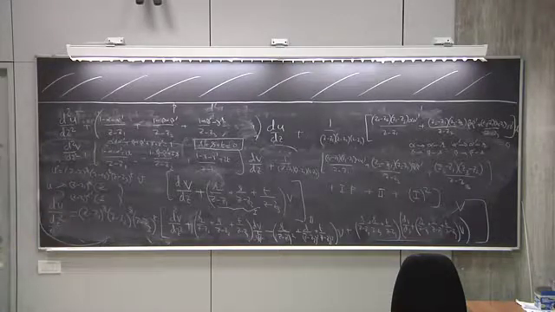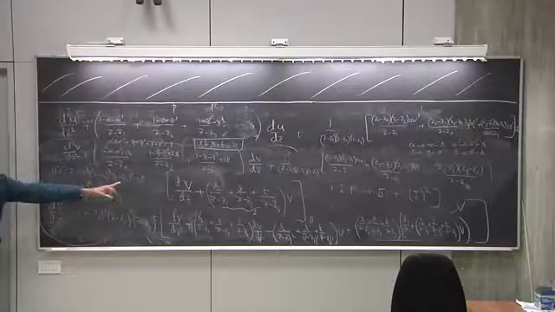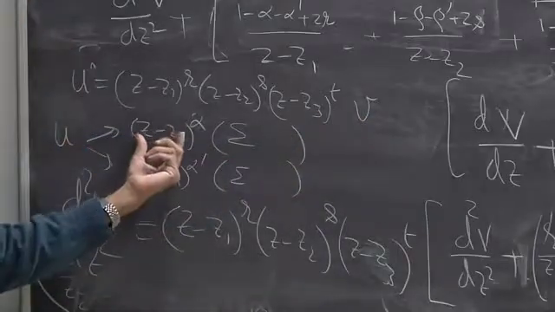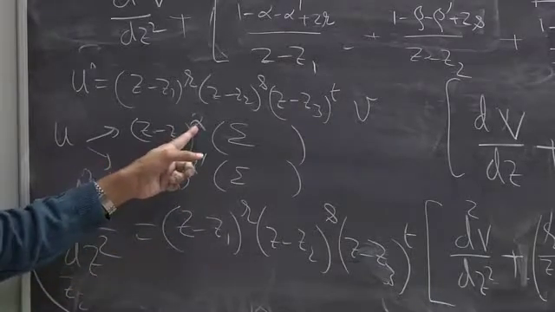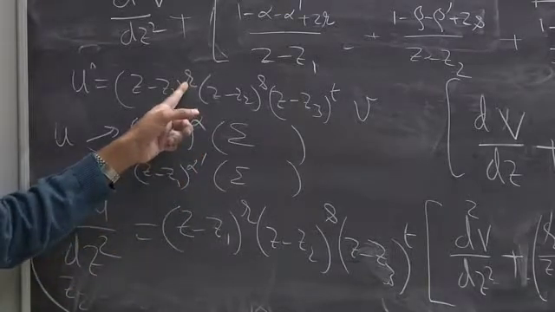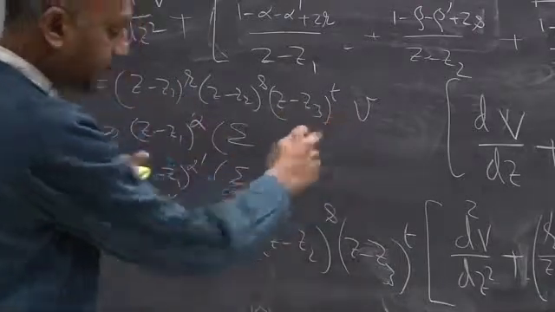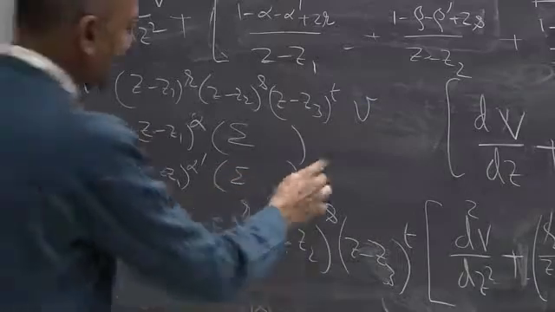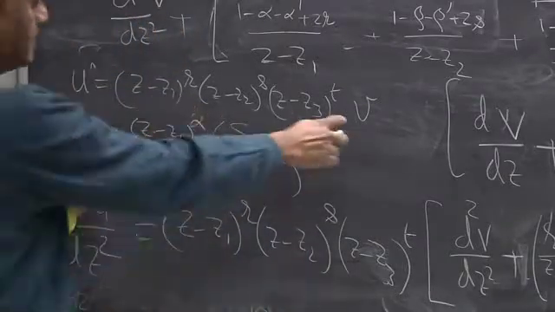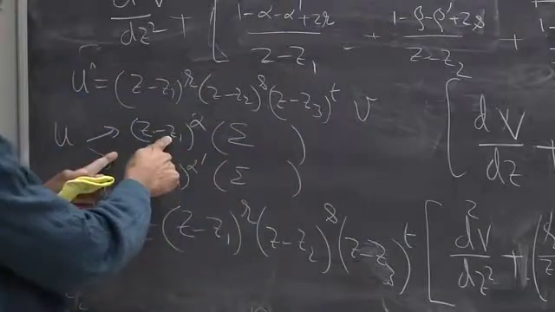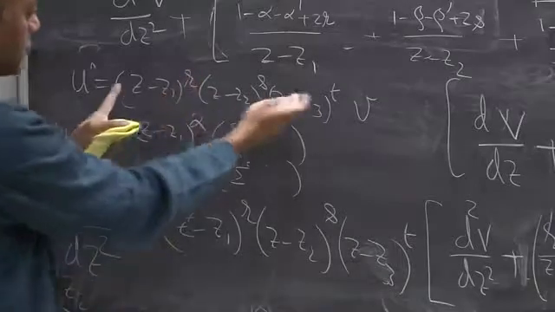Now if I substitute this ansatz, then v in the neighborhood of z1 will go like z minus z1 to the power of alpha minus r, correct? The leading behavior will be this, because u is defined as this prefactor times v, so I will divide by that.